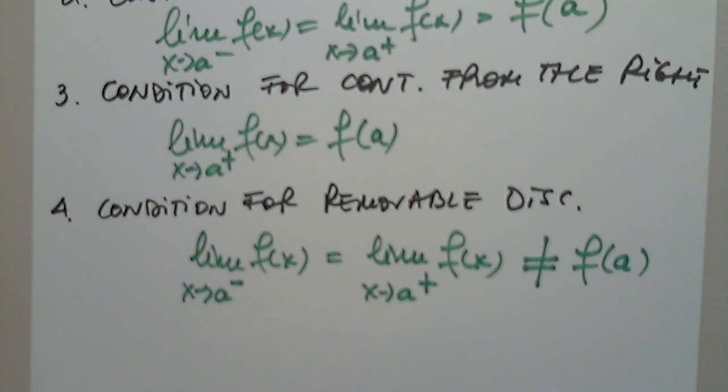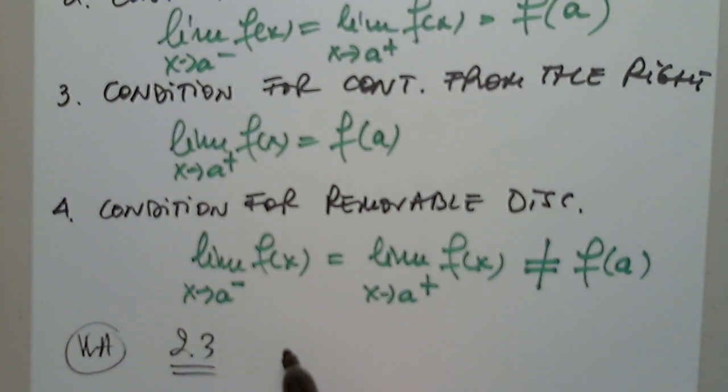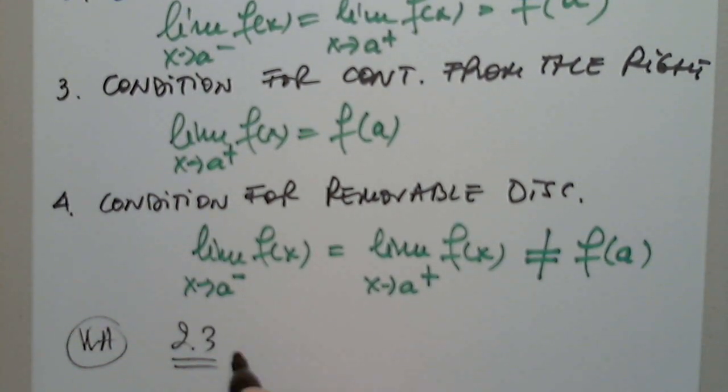I have a question on WebAssign. On 2.3. It says the graphs of f and g are given. Use them to evaluate each limit if it exists. Is there a graph that I have to look at? Yes. Which number is it again? Number 2.